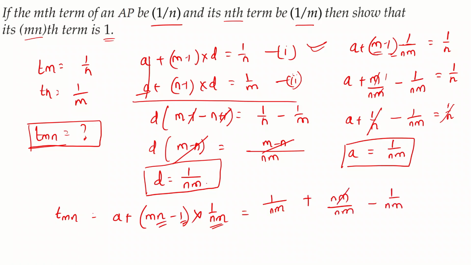So 1 by nm cancels out, and I get just 1, because nm by nm gives 1, not 0. Please don't make this mistake. nm cancels out to give 1. 3 by 3 is 1, not 0. Okay, so we get 1, and this is what was required to be proved.